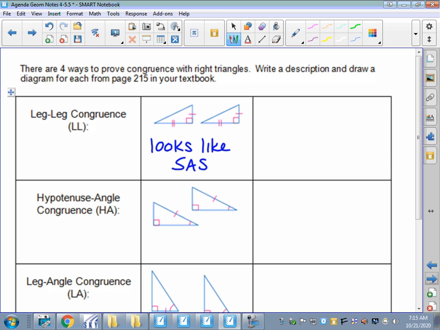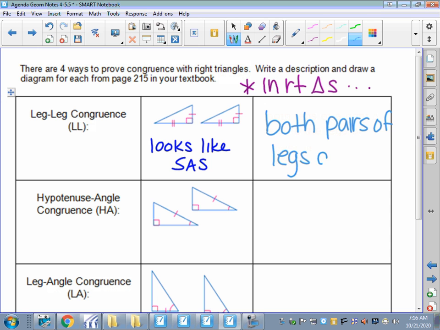So basically that says, in right triangles, we can say these things. I would say, in right triangles, both pairs of legs are congruent. Hence the name leg, leg. There's no hypotenuse congruent here. It's the two pairs of legs that are congruent with that right angle.